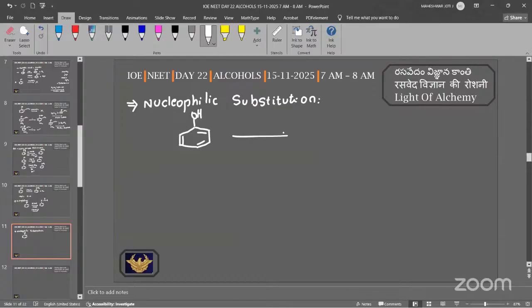So phenol, when it is allowed to react with NH3. From NH3, what is the nucleophile we will get? NH2 minus, right? So this is possible with cupric oxide at high temperature and high pressure. Then the product is aniline or aminobenzene, right?